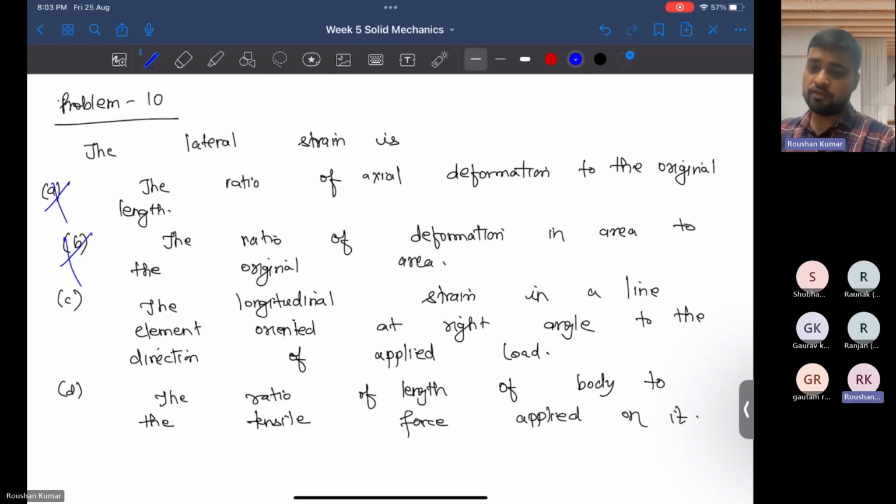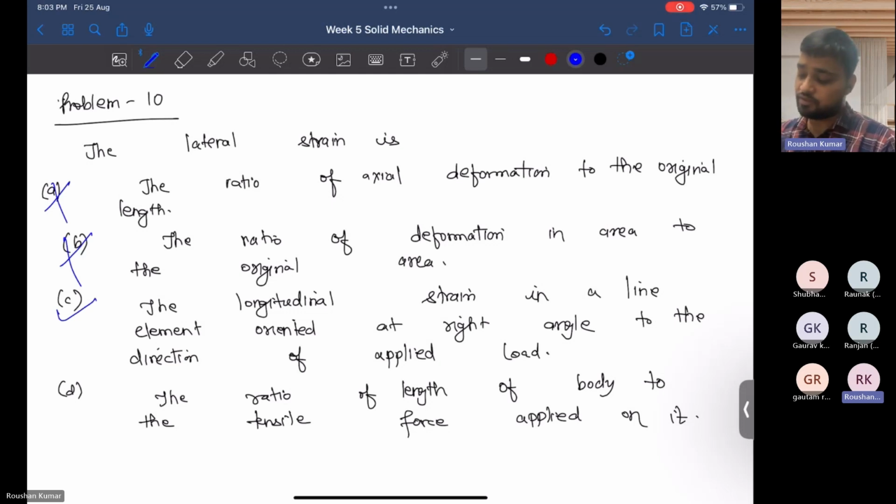Then we say there will be a lateral strain in the y direction. So yes, this is the correct definition of the lateral strain.